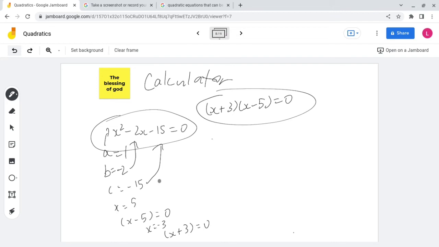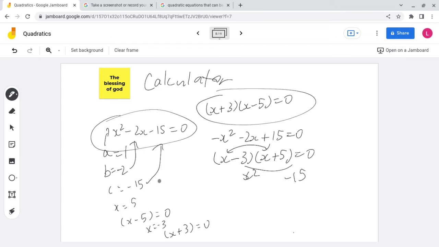Okay, so if the equation is like negative x squared minus 2x plus 15 equals 0, if you use that calculator, you'll realize that it is x minus 3 times x plus 5, right? However, if you try to find x squared, you multiply the x's and you realize that you get positive x squared. And if you multiply negative 3 by 5, you get negative 15.